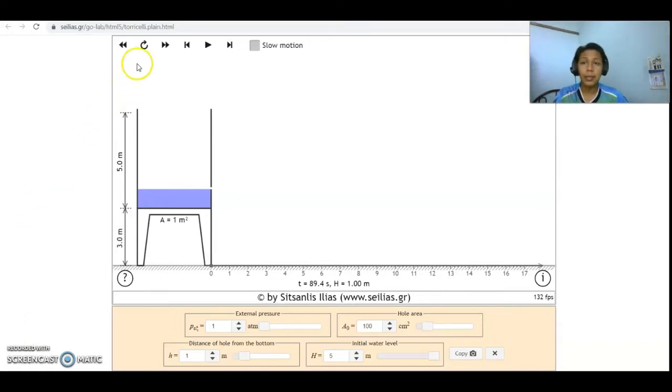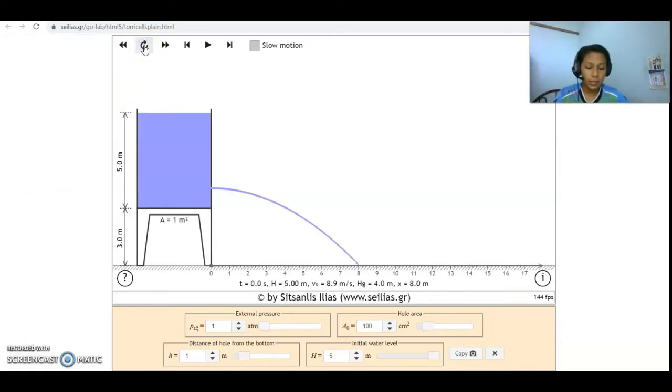Second is water. Third, a drill, scissors, or another object to make a hole in the bucket. Fourth is a ruler. Fifth is a stopwatch, and lastly, a 3 meter laboratory chair. Sorry, my mistake.